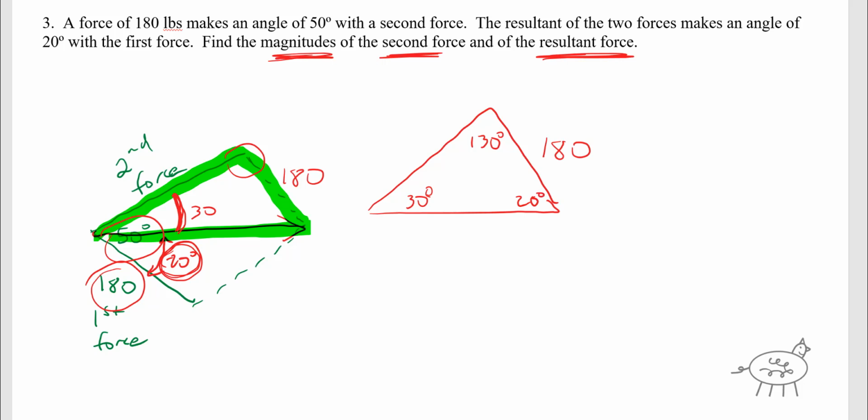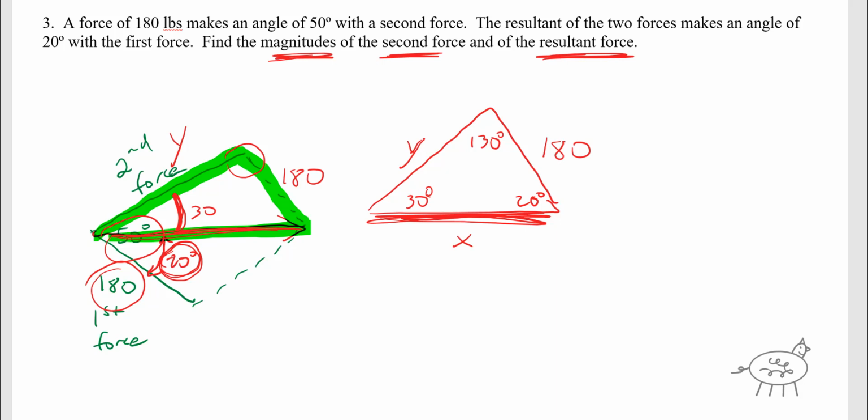So this is going to be 20 degrees. That's beautiful. So I'm going to call the second force Y. That's your second force. And your resultant force, which is just this line right here, I'll call that X.